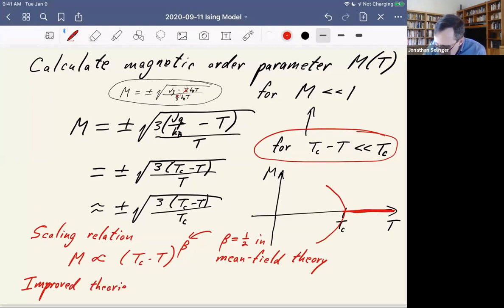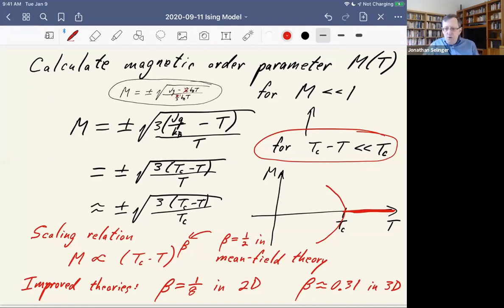Those show that beta is equal to 1/8 in 2 dimensions, and beta is about 0.31 in 3 dimensions.